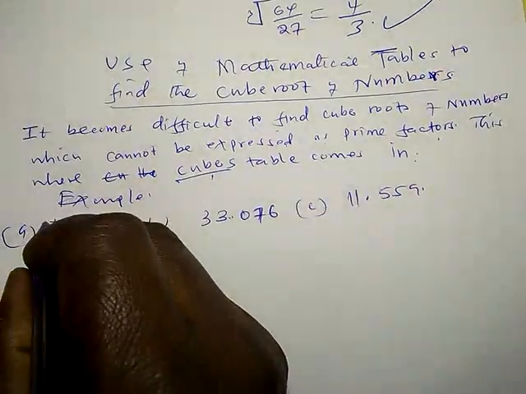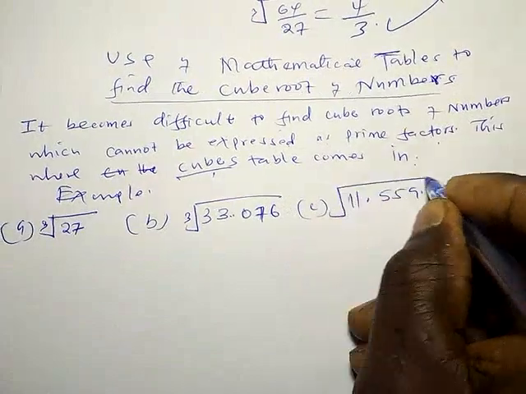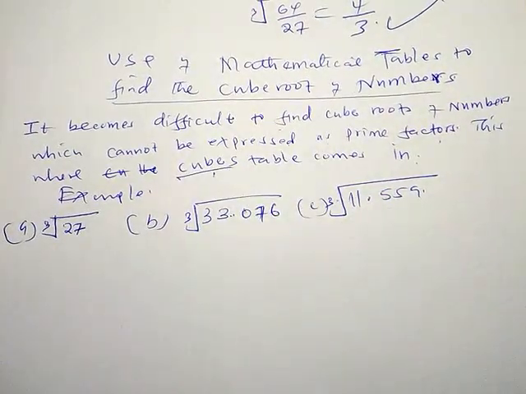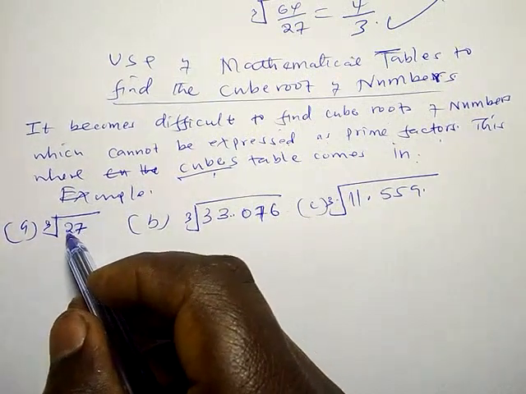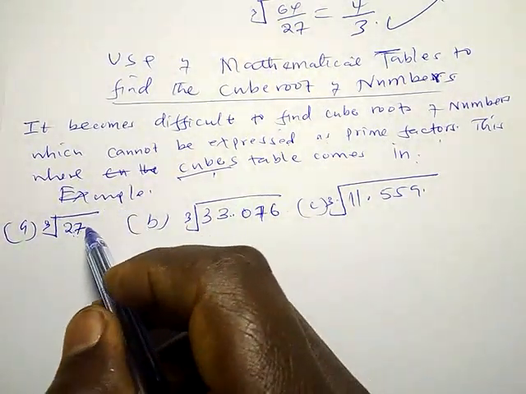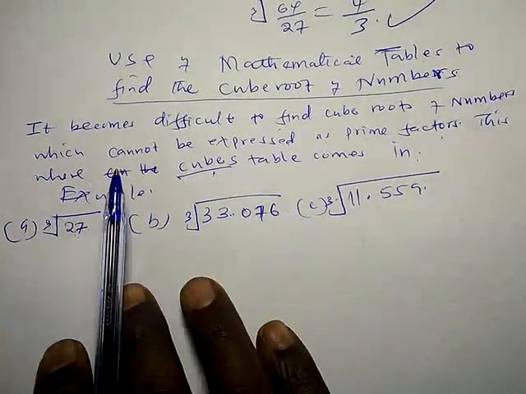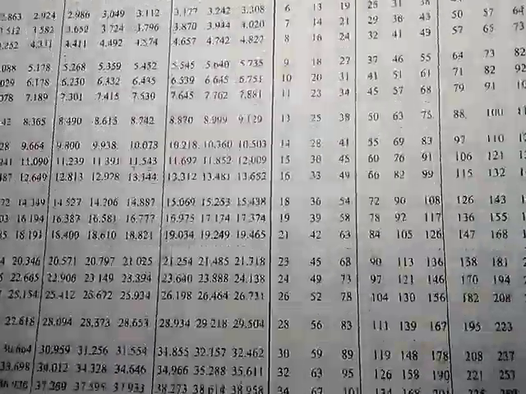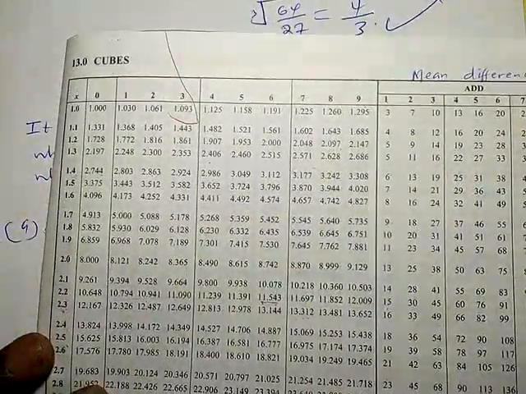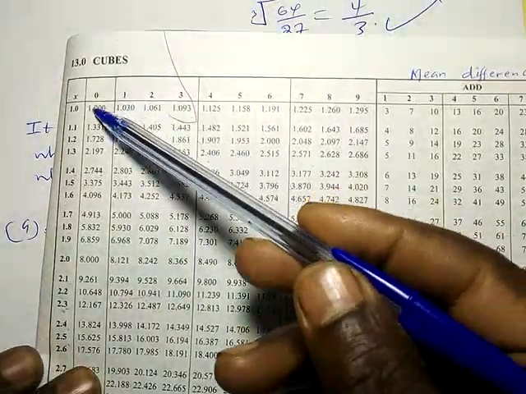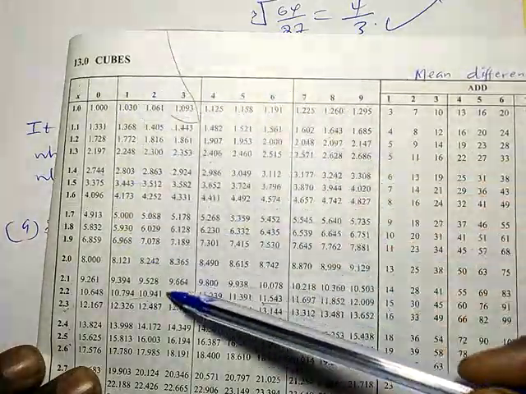Now find the cube root of this number. Find the cube root of 27. Although 27 can be written as 3 times 3 times 3, you pick 1. But now we can find the cube root of 27 from the table directly using the cube table. So in this table, we come to the main column.